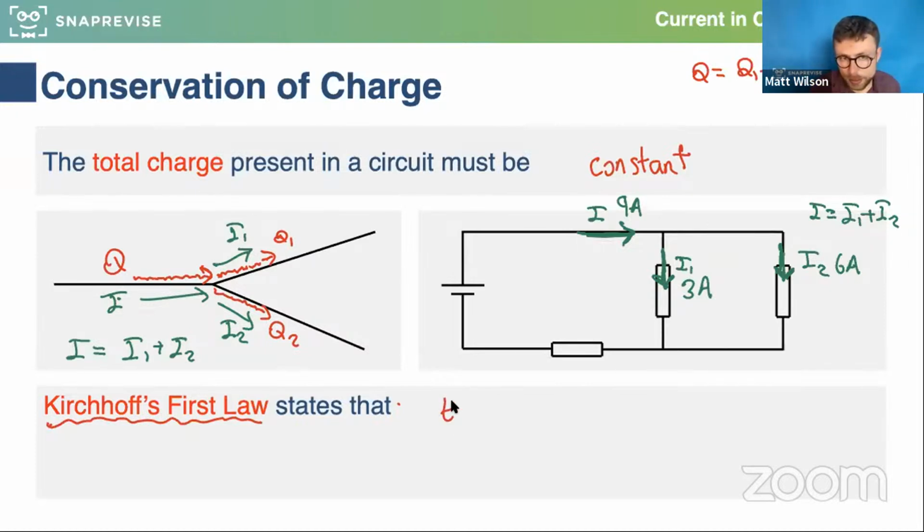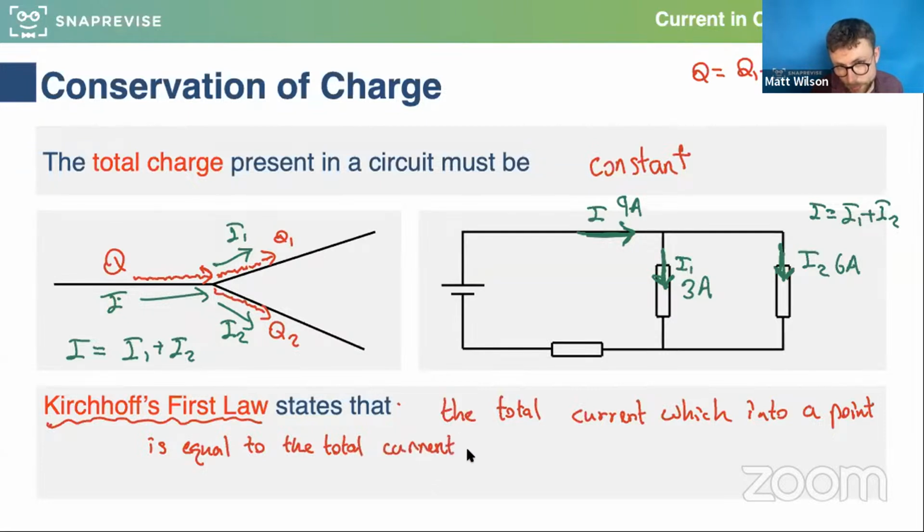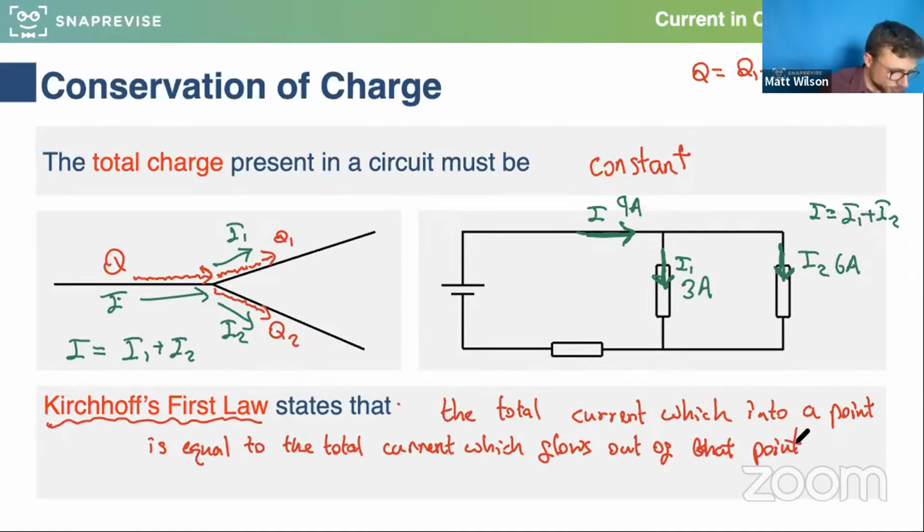Kirchhoff's current law states that the total current which flows into a point, and you can do this for any point that you spot, any node in your circuit, is equal to the total current which flows out of that point. Perfect. Good. That's the current law.